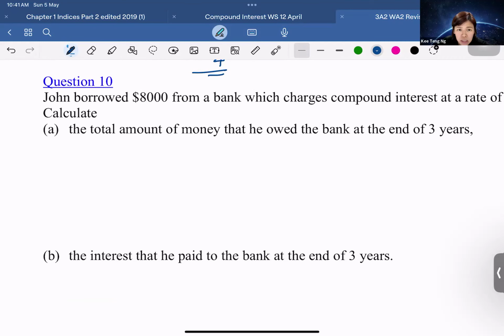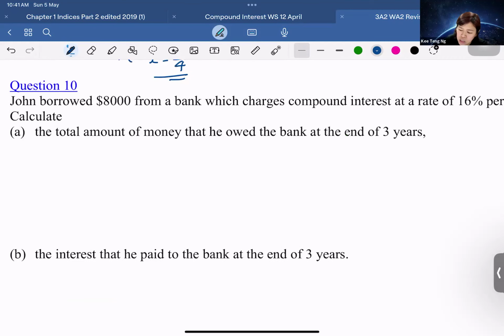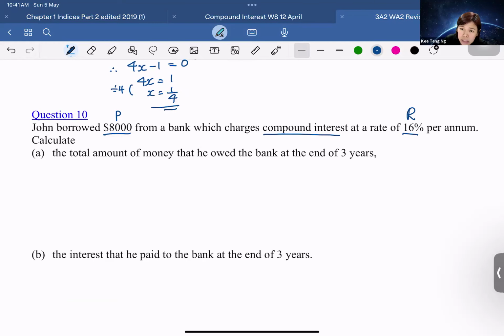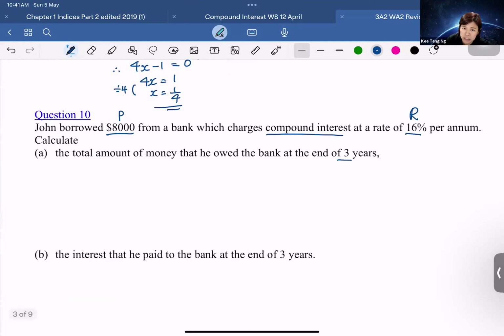Now, John borrowed 8,000 from a bank which charges compound interest at a rate of, this is the amount that he borrowed. Okay, when you borrow money, the more the interest, the more expensive it is, right? So that you don't want. The question asks you to find the total amount of money he owed the bank at the end of 4 years. Our compound interest rate starts with the formula total amount.